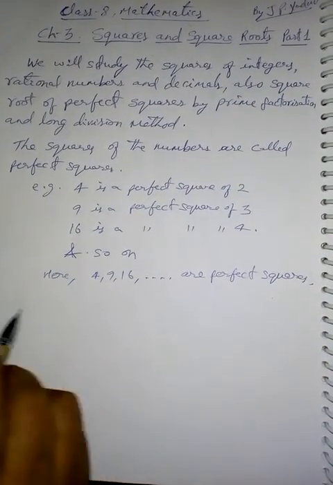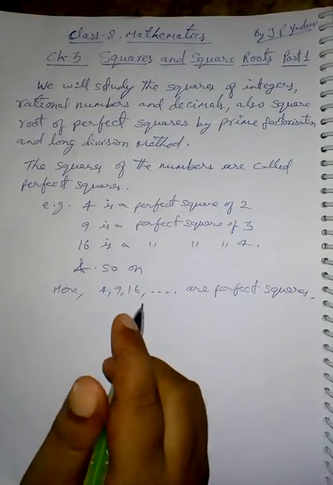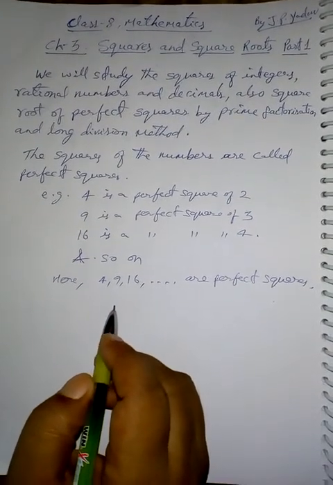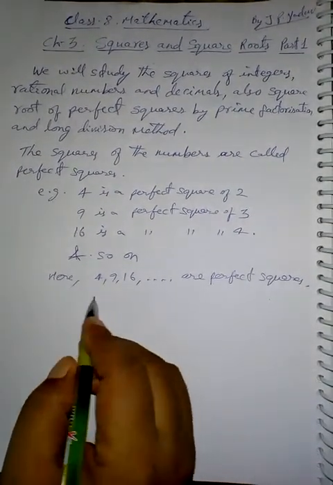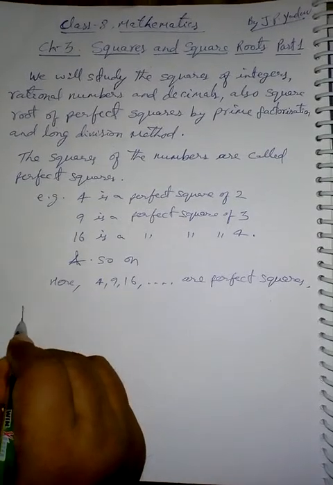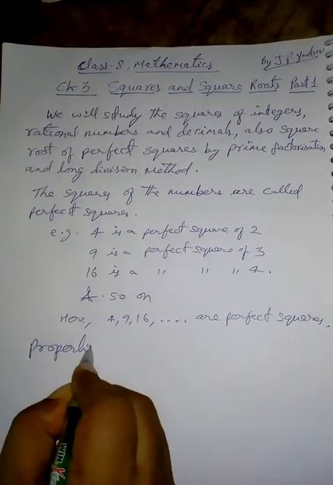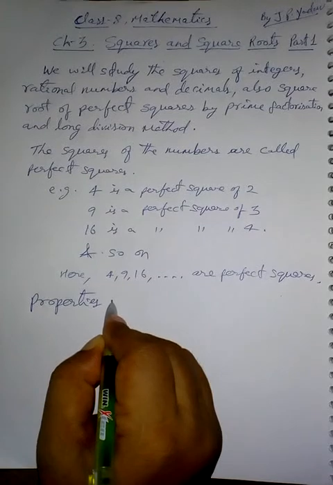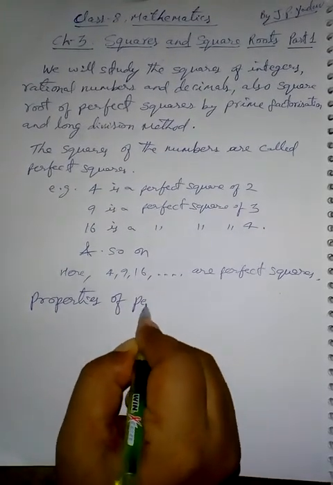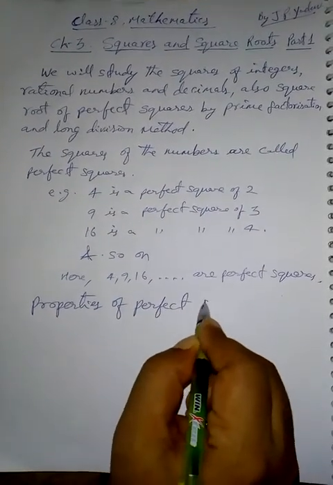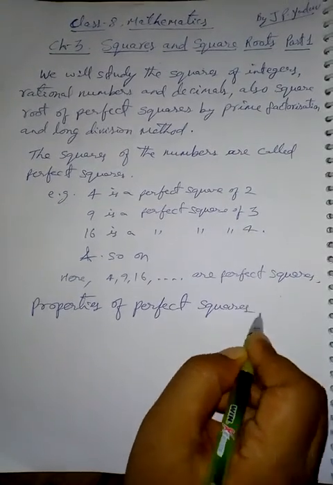So there are some properties by which we can know about the perfect squares. I'm going to discuss some properties of perfect squares.